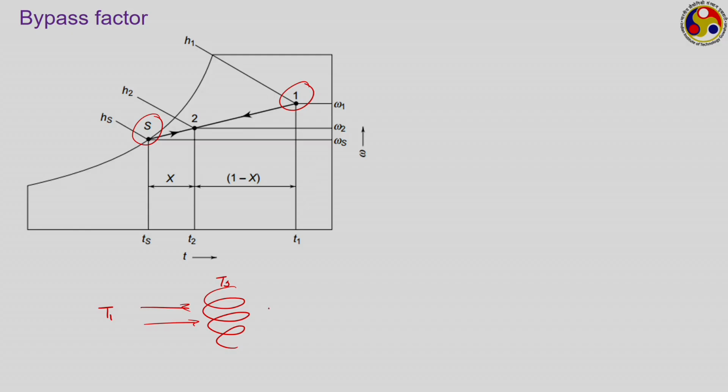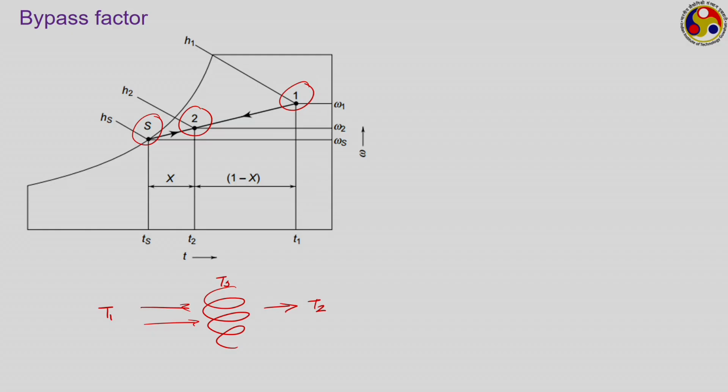Therefore, the final temperature that we are going to get after the air passes through the cooling coil will not be equal to Ts, rather that will be equal to T2. This T2 can be visualized as a result of a mixing process between two streams. One stream which has not come in contact with the cooling coil continues with temperature T1, the other fraction which is coming in contact with the cooling coil has reduced to the temperature Ts.